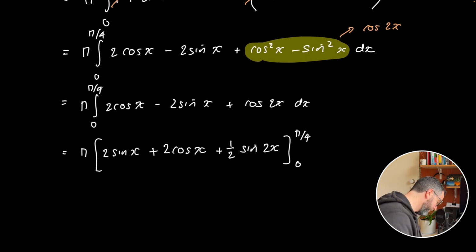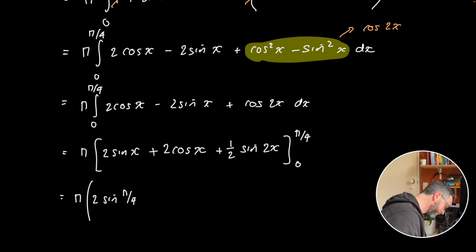All right, almost there. Now we just got to plug everything in and just be careful. So pi times, now we'll do the pi over 4 pieces first, 2 sine pi over 4 plus 2 cosine pi over 4 plus 1/2 sine of pi over 2.